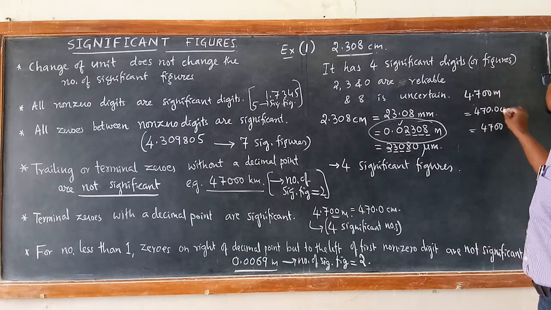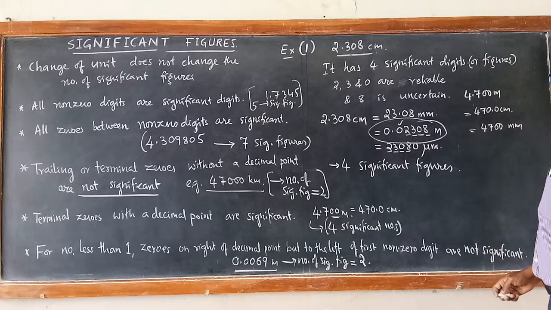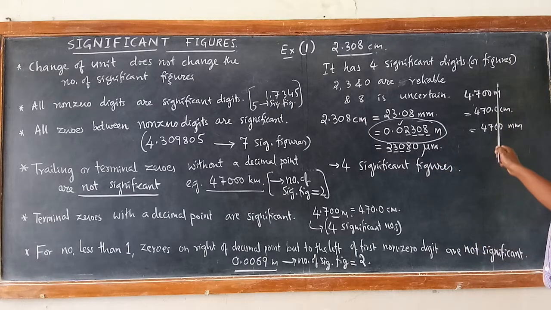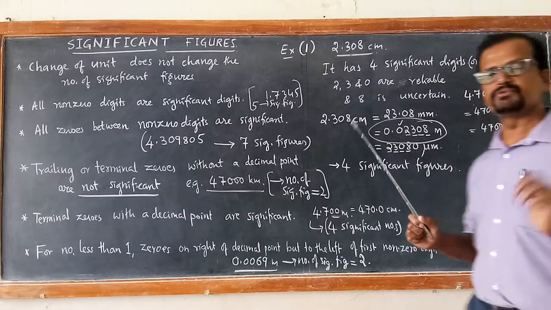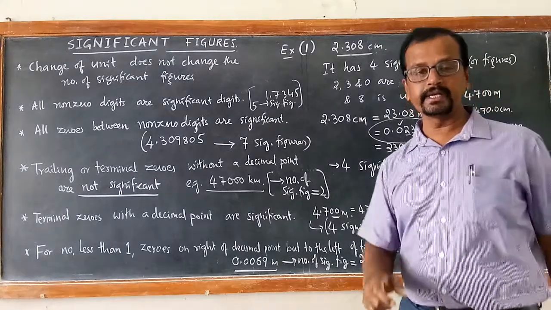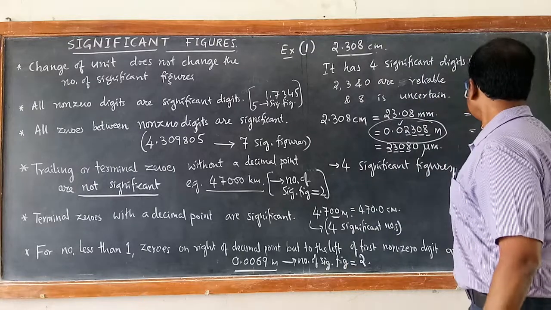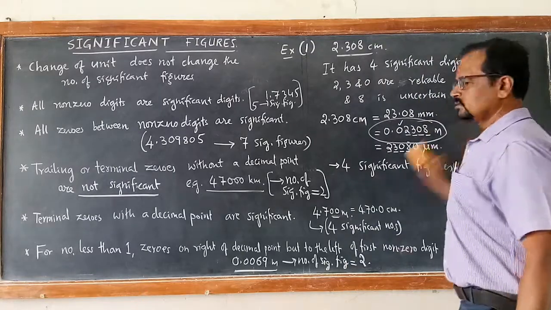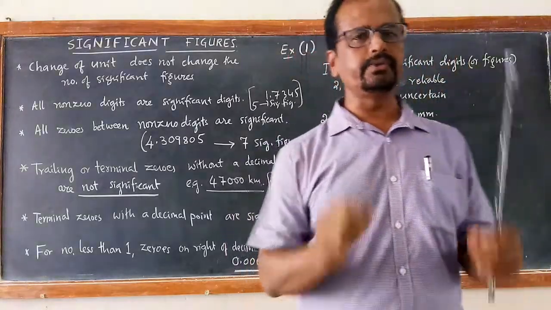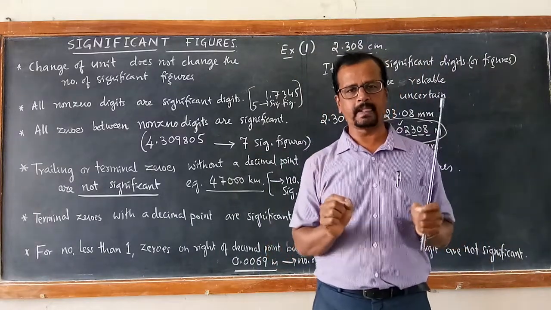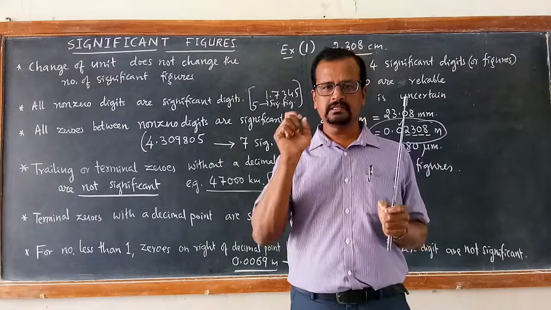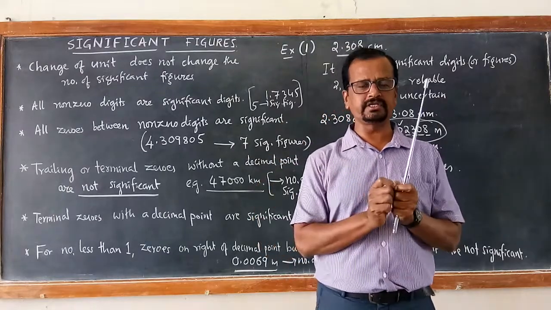So there is a change of unit, as I have done here. So the question arises: is the number of significant figures 4 here, and here it becomes 2? There will be a confusion, an ambiguity. So to avoid that ambiguity, we need to express any result in scientific notation. We are going to express these results in scientific notation.